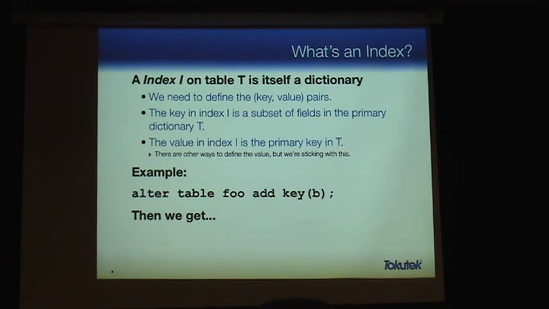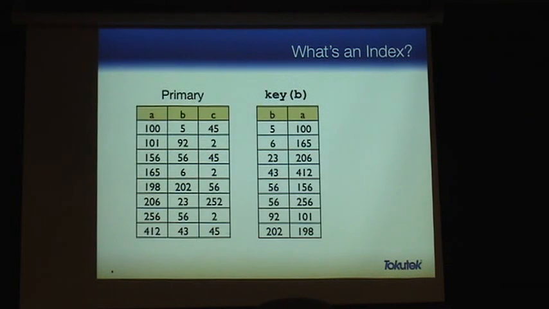So, for example, if you take the table we just had and alter it to add a key on the column B, you get something that looks like this. You still have what we're going to call the main dictionary, or the primary dictionary, that has all your data and is ordered by the primary key.